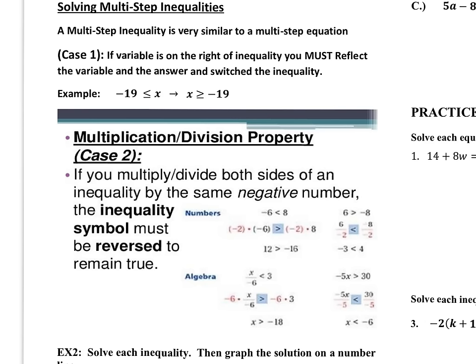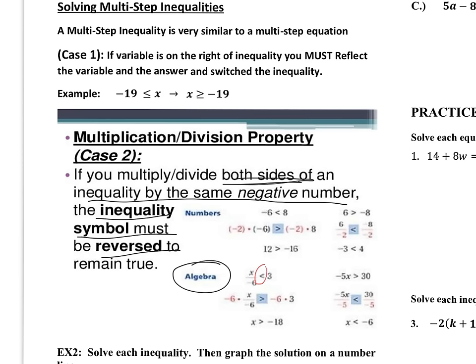Now in case number 2, this is when you have multiplication and division. If you multiply or divide both sides of an inequality by the same negative number, the inequality symbol must reverse to remain true. So as we could tell in our algebra section where we divided by a negative 6 and then the inverse was multiply negative 6, we had to switch the inequality.